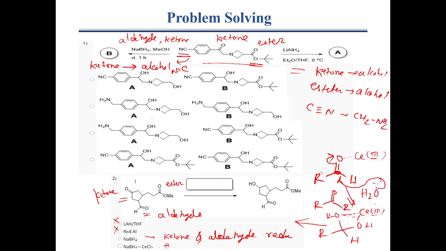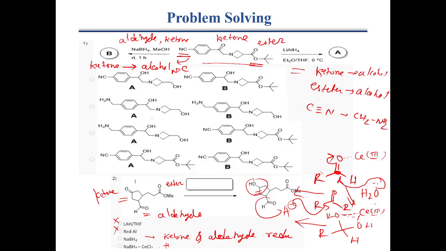But as the ketone is not that electrophilic, water is not attacking here. The direct hydride source attacks here and reduces the ketone to alcohol. That's why in the sodium borohydride and cerium chloride combination, the aldehyde remains as such and the ketone is reduced.